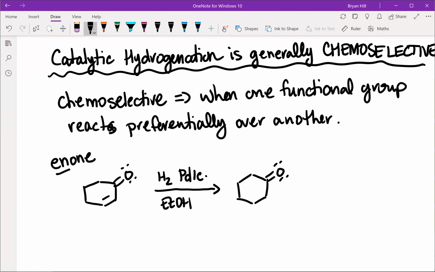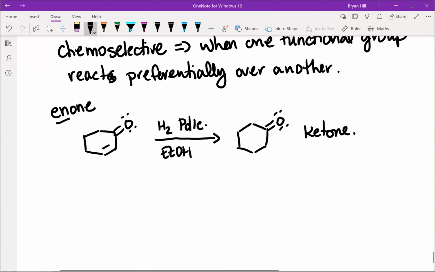So you end up with basically just a ketone. Now, it is possible to reduce ketones with hydrogen, and there's certain catalysts that have been designed to do that. But with palladium on carbon, you can easily stop the reaction before the ketone starts to get reduced.